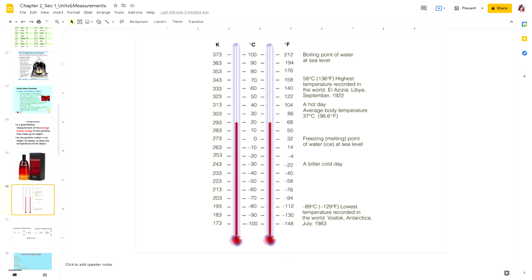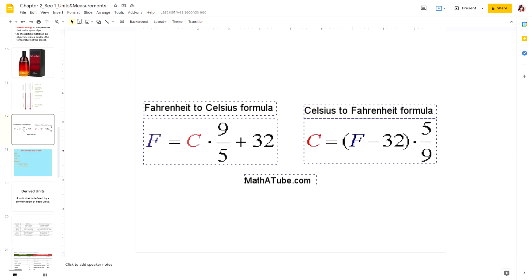Okay, so how do you convert one temperature to another? So this is how you convert from Celsius to Fahrenheit. If you're looking for Fahrenheit and you're given the Celsius, you simply multiply the Celsius reading by 9/5, and then you add 32, and you get the Fahrenheit.